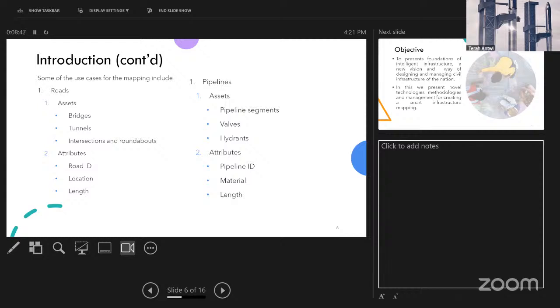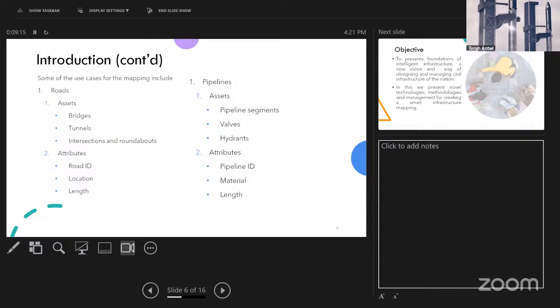Some of the use cases for infrastructure mapping: if you talk about roads, the assets on the road include bridges, tunnels, intersections and roundabouts. The data you collect may include the road ID, so if you pick a segment of the road, you give it an identification code. The location, so we would need the X and Y of that road segment. Maybe the length.